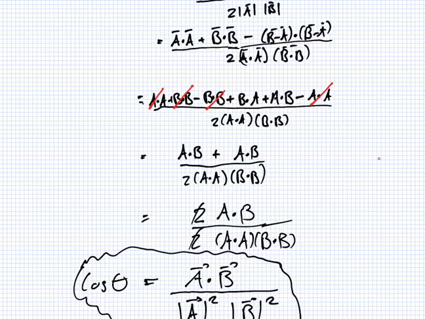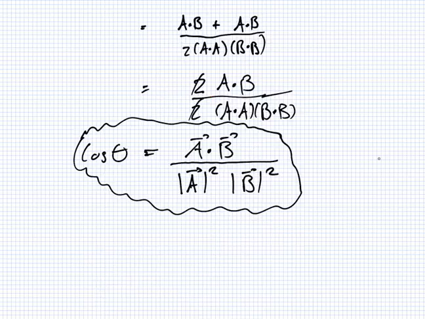It doesn't make sense. And what's great about this formula is it works for i and j, or i, j and k. It doesn't matter if you're in 2 dimensions or 3 dimensions. So we'll do an example first in 2 dimensions.